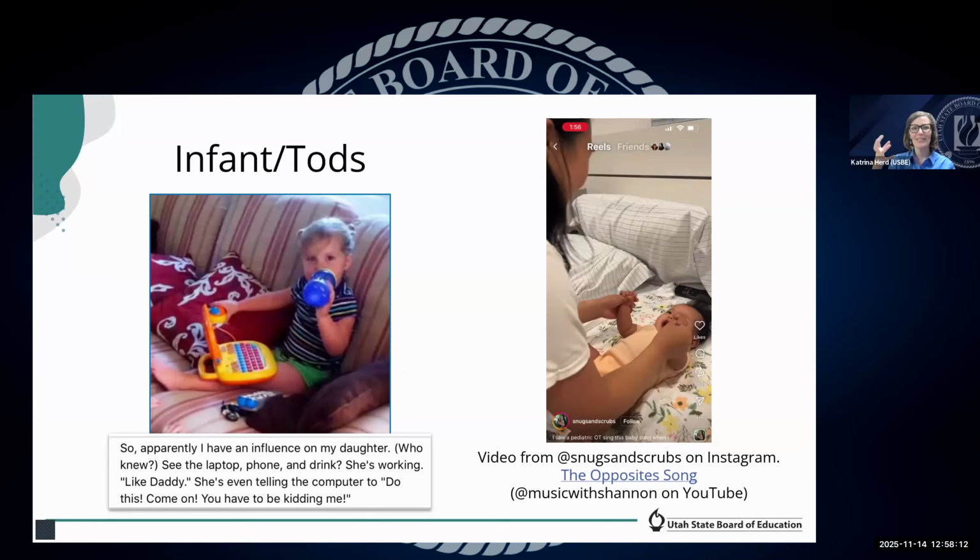First is that receptive development. This kid on the left is my Wonder Woman kid when they were 2 years old. And I loved this. I took this picture and sent it to Dad, and Dad looked at it, and then this is what he captioned it as. Apparently, I have an influence on my daughter. Who knew? But she was being Dad at work. So she's got her laptop, she's got her phone right there next to her knee, and her little cup.